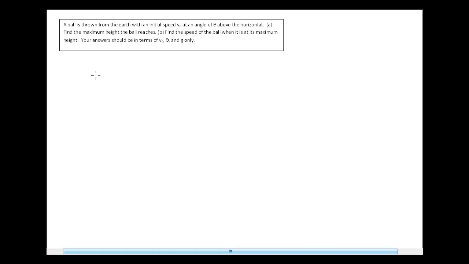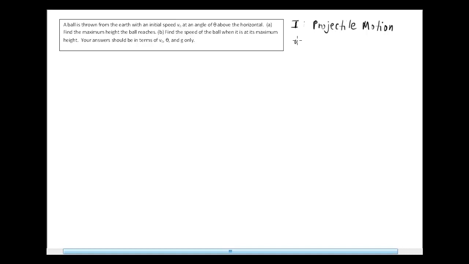Now, first of all, let's draw a sketch. Okay, the identify step in this problem is to realize what kind of problem it is. Since it's clear that this object moves near the Earth's surface, we've got a problem in projectile motion. And that's two-dimensional motion in free fall near the Earth's surface.